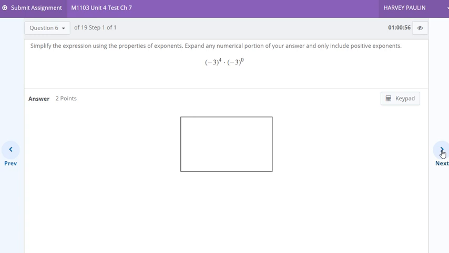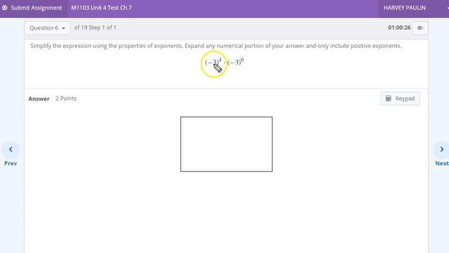Now here we're asked to raise powers, and then also the value to the 0 power. So this is going to be a negative 3 raised to the 4th power. Now 4 is an even number, so raising a negative to an even power makes it positive.